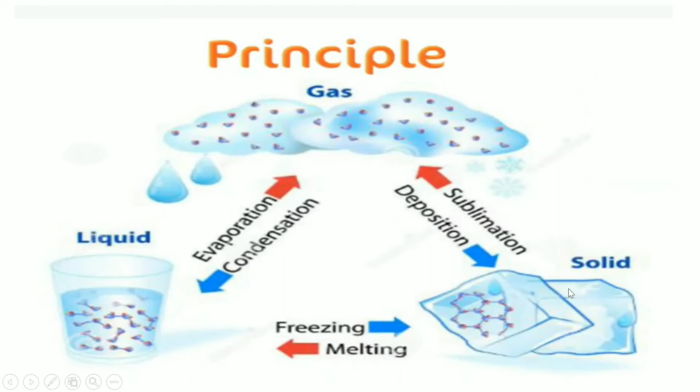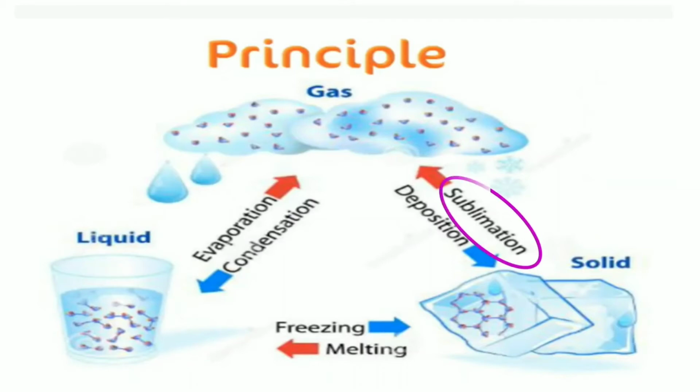But when solid is sublimed, it will directly convert to gas without transferring into liquid, and gas will deposit directly into solid. So the principle of the freeze dryer depends on this particular process which is called sublimation.